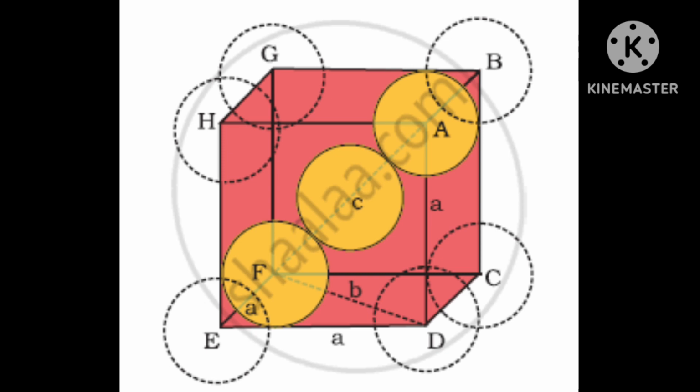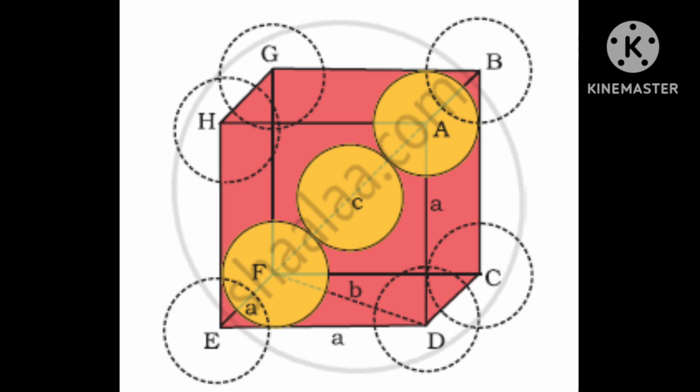So from one equation you got both values, a in terms of r and r in terms of a. After that, the concept is the same as last class.